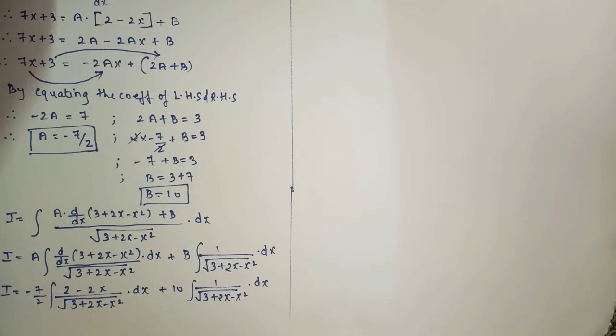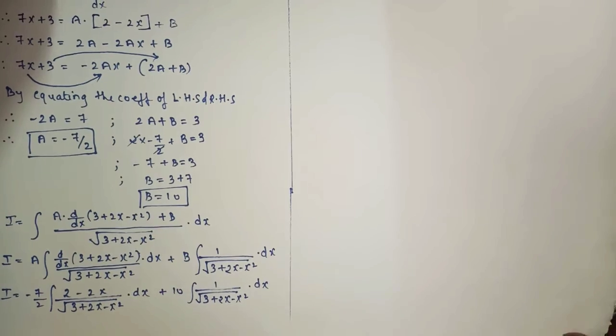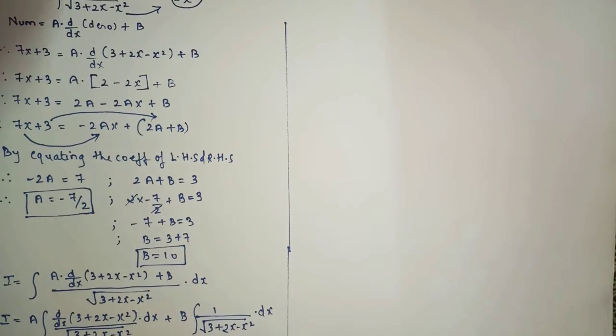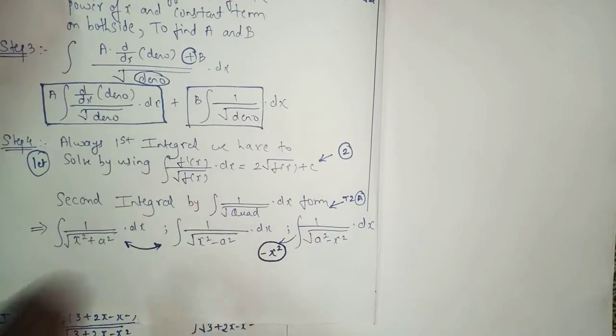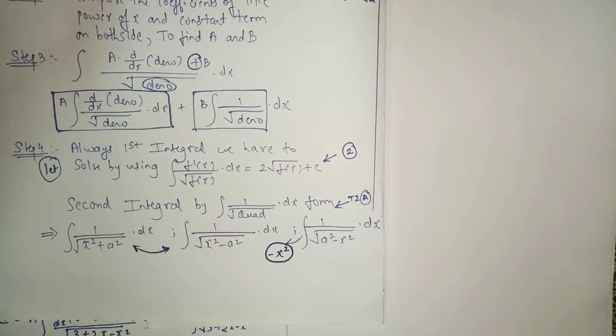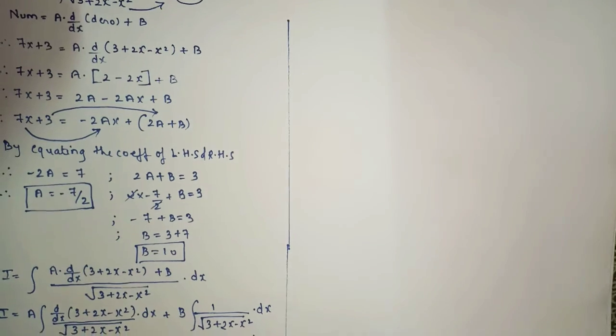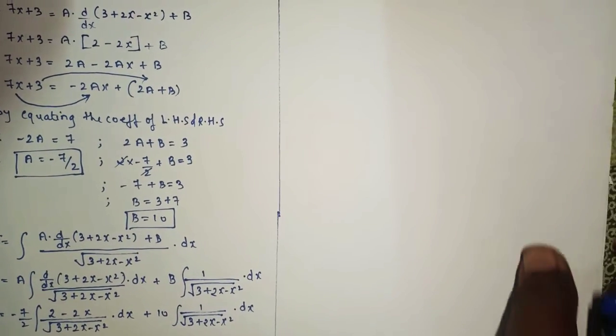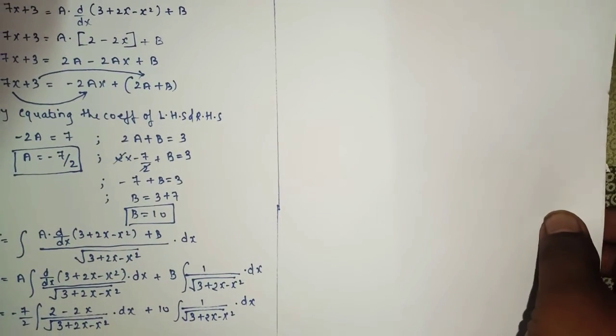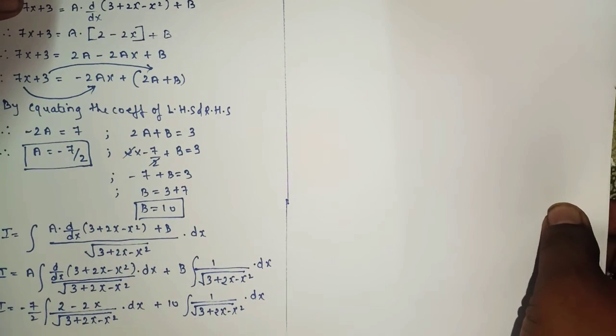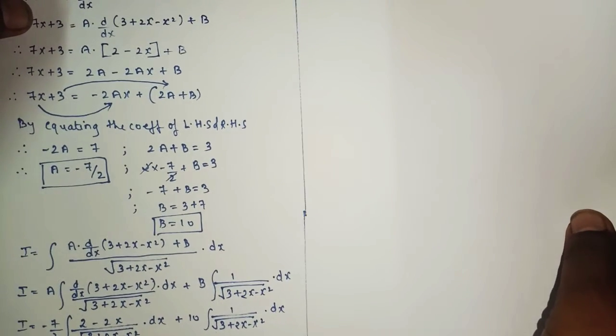If you stick with the property method, so we know that what is the property, that is integral f dash x upon root f of x into dx is 2 root f of x. So here for this sum also I will solve the sum by using the property method. Okay, if you want you can try the sum by using let method.